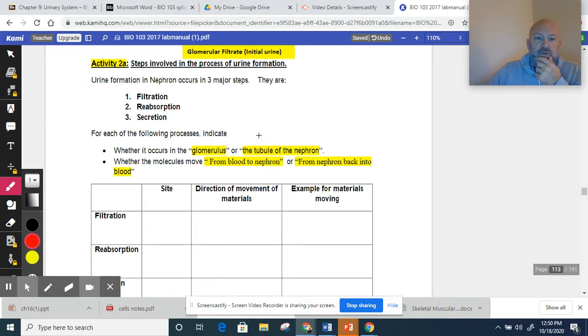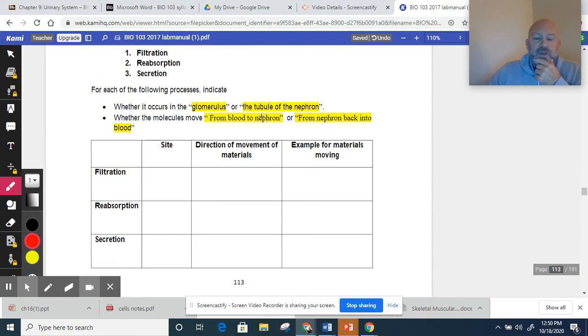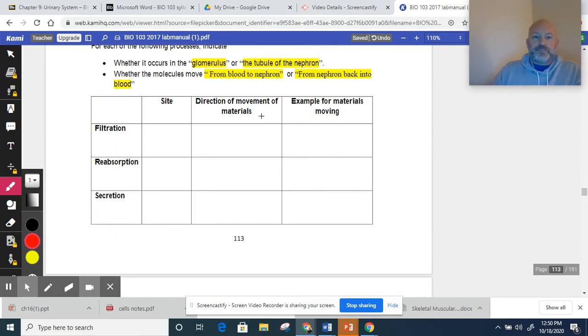But what's happening here? We got three major processes. The first one is filtration. Where does filtration happen? It happens between the glomerulus and the glomerular capsule.